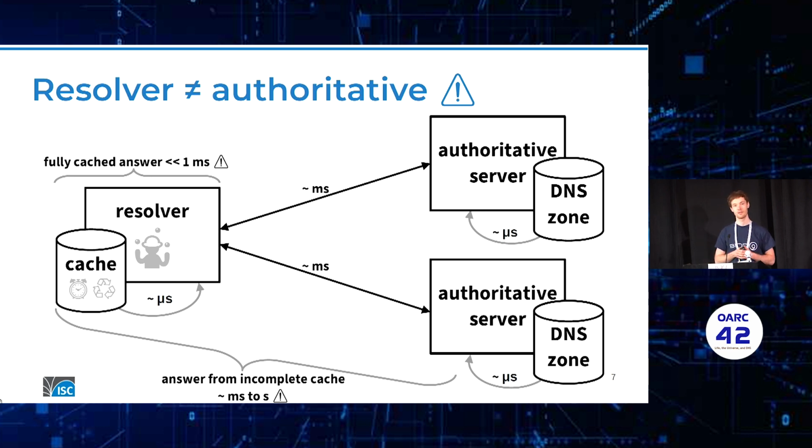On the left side, you see a DNS resolver with a cache, again the same super fast access, typically in memory, but the trouble is that the resolver doesn't have all the data available all the time. So in a certain percentage of cases, it has to go over the network link to the authoritative server and back, and that is super slow, like 4 or 5 orders of magnitude slower than access to the local cache.